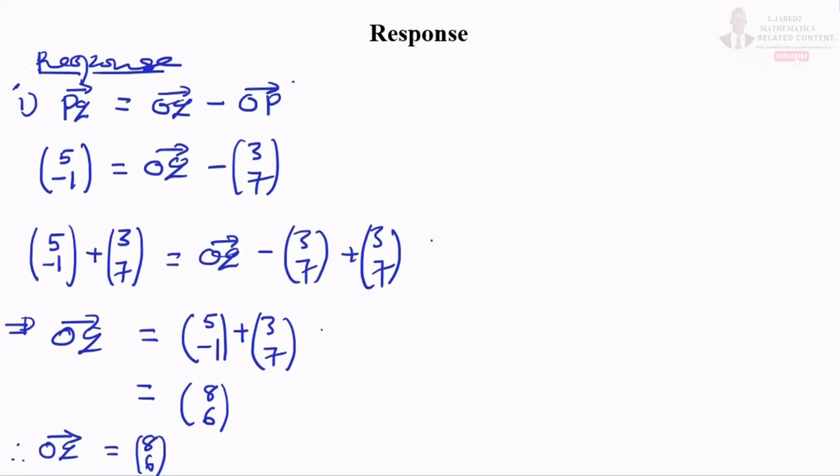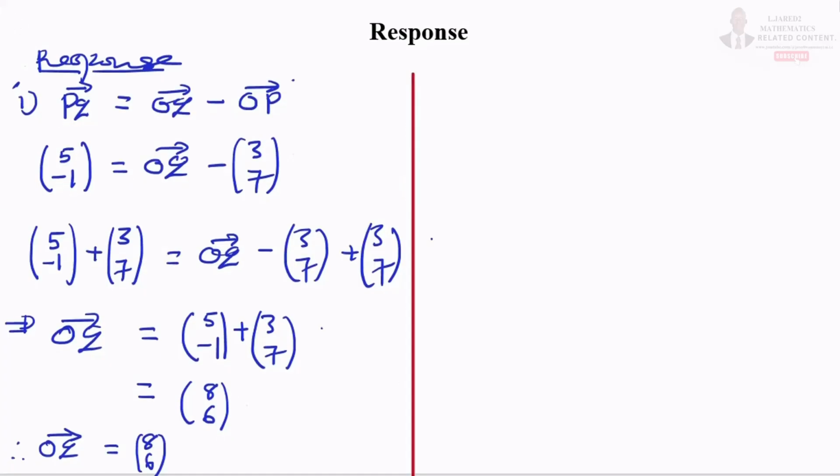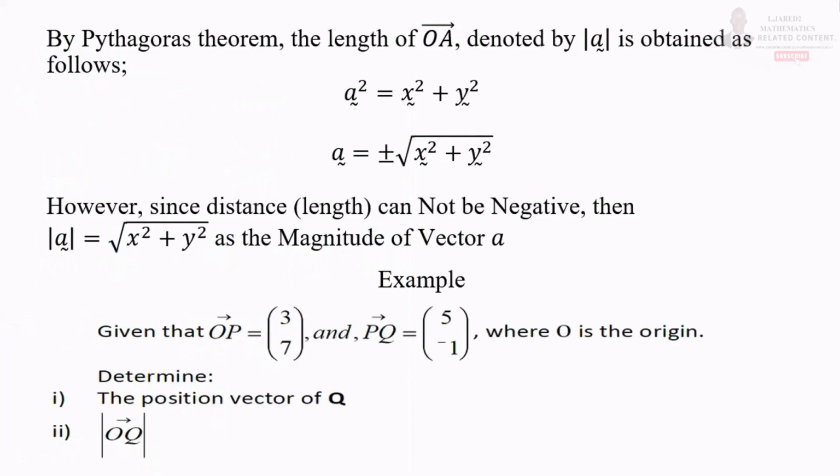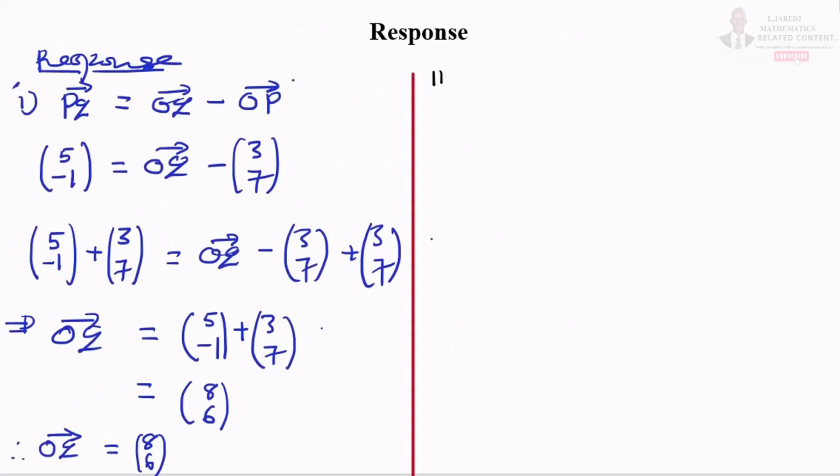That's for Roman number 1. Then Roman number 2: let's get the magnitude of that very vector. The magnitude of vector OQ equals the square root of x squared plus y squared. That's the formula.